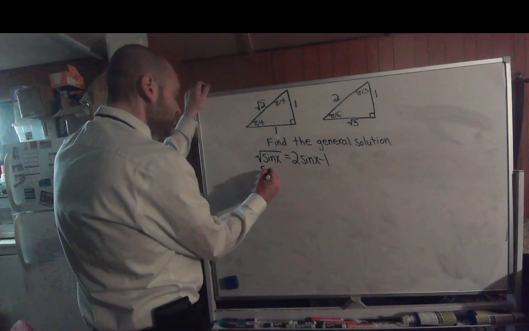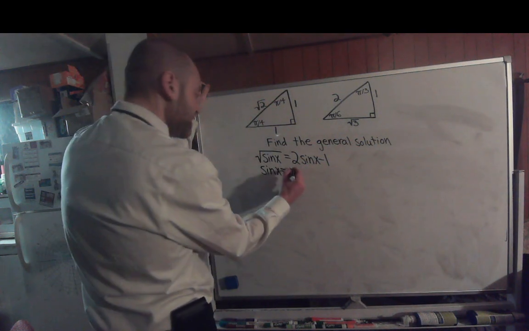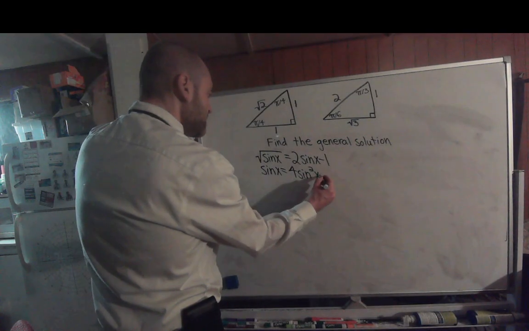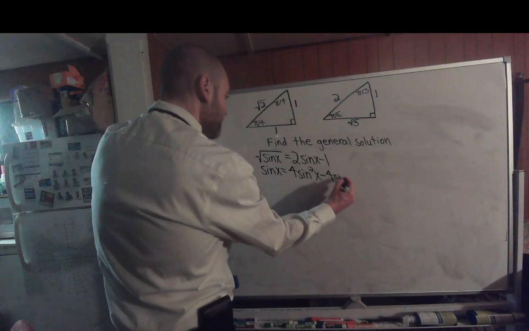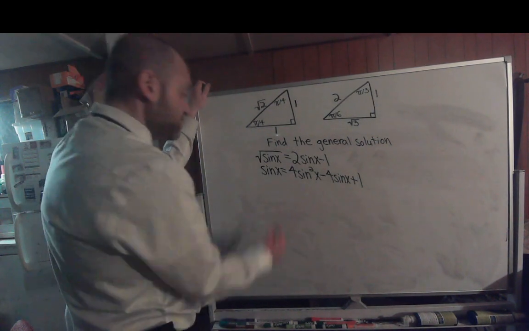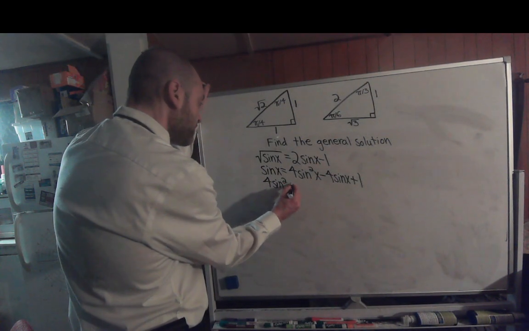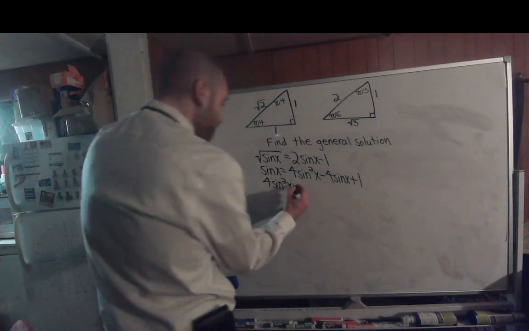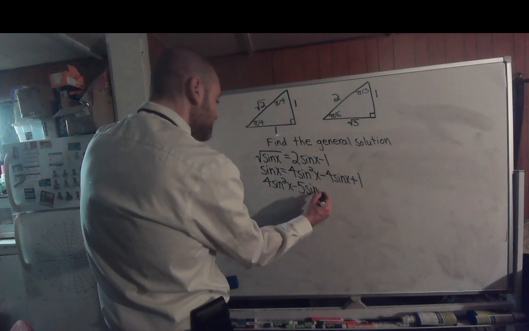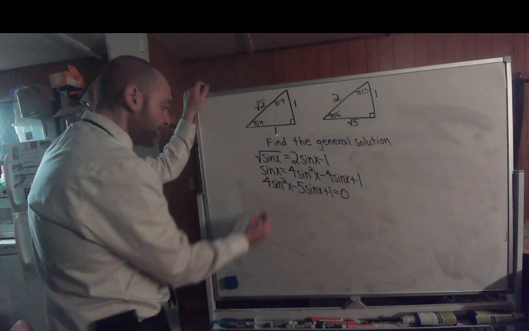So this would give you the sine of x equals, if you square this side, you would get 4 sine squared of x minus 4 sine of x plus 1. So this would turn into 4 sine squared of x minus 5 sine of x plus 1 is equal to 0.